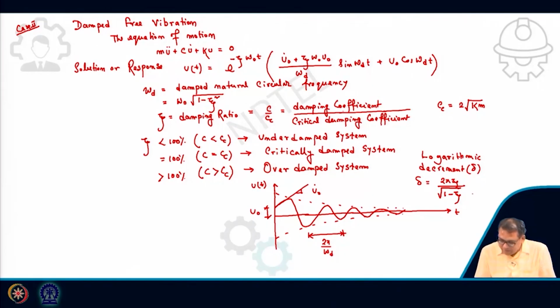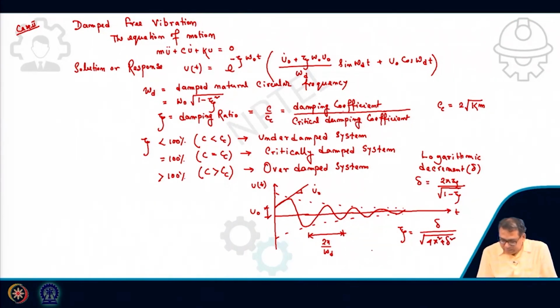Now after rearranging this equation, what I will get is that my damping ratio is equal to delta divided by root over 4 pi square plus delta square.